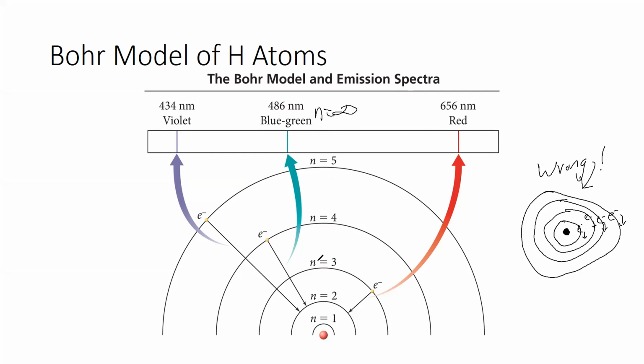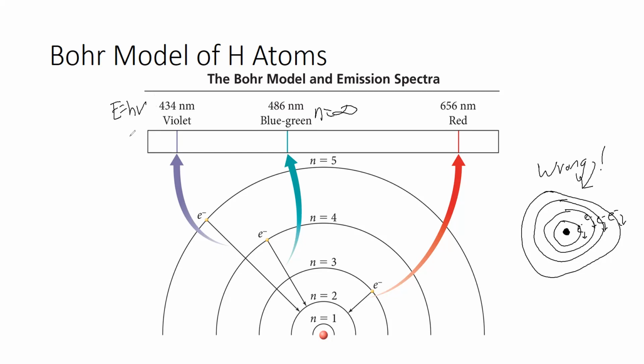And what he proposed was that for an electron to travel to different energy levels, you needed energy to do that. Well, light is energy. If you remember our equation, E equals Planck's constant times frequency.